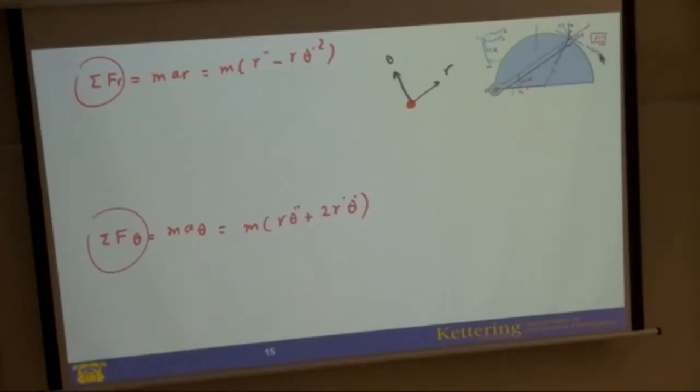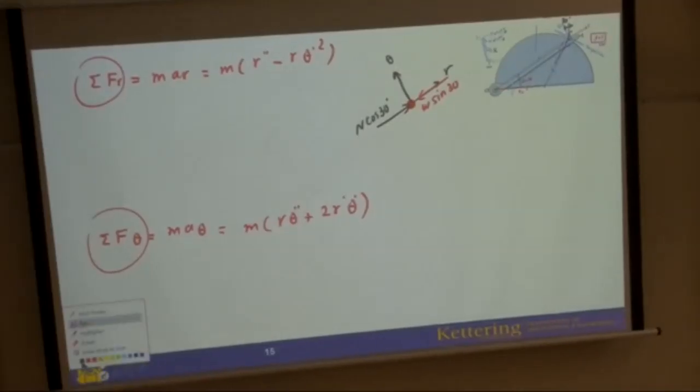The forces along the R: you will see that the normal force has one component along the R. It is N cosine 30. Also, the angle of the weight with the theta also will be 30 degrees, and the component of the weight also will be W sine 30.